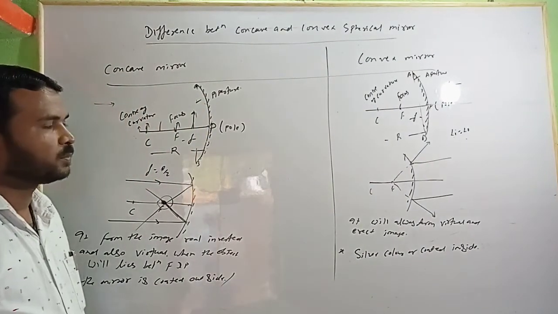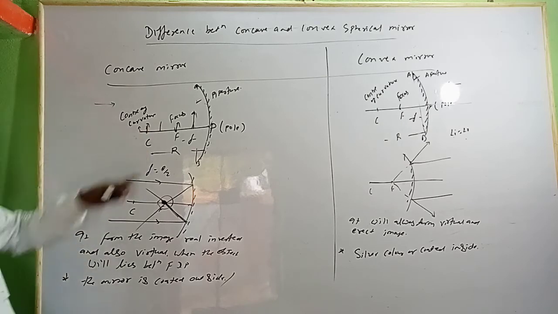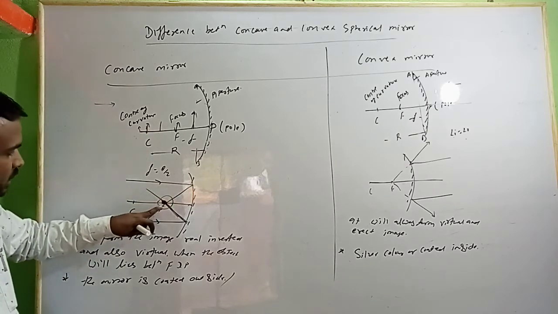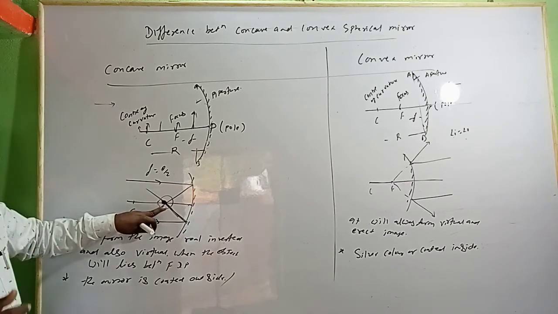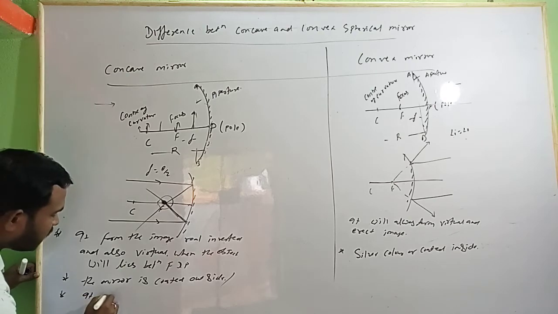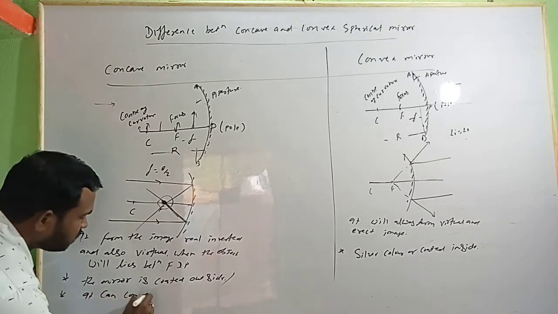Okay, another point you will write: whenever the light is incident and then it reflects, it appears at a particular point, so you can say that it can converge the light.